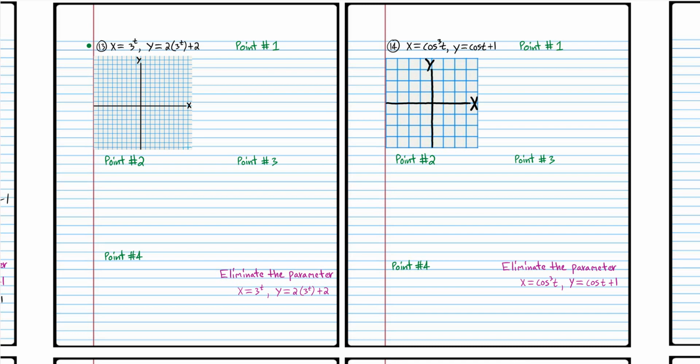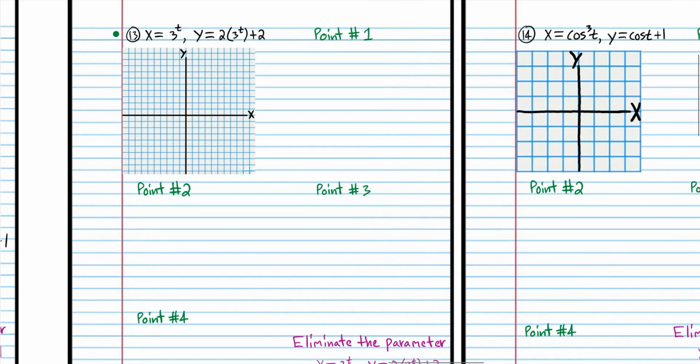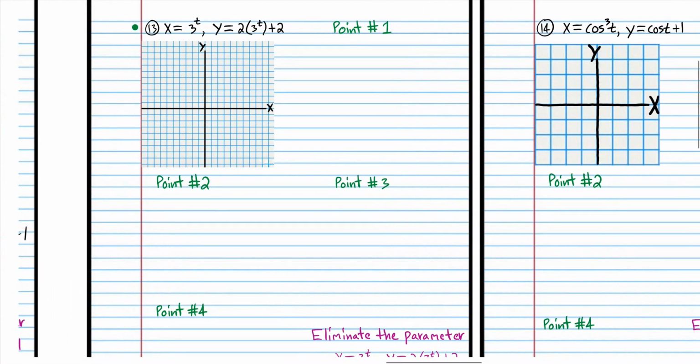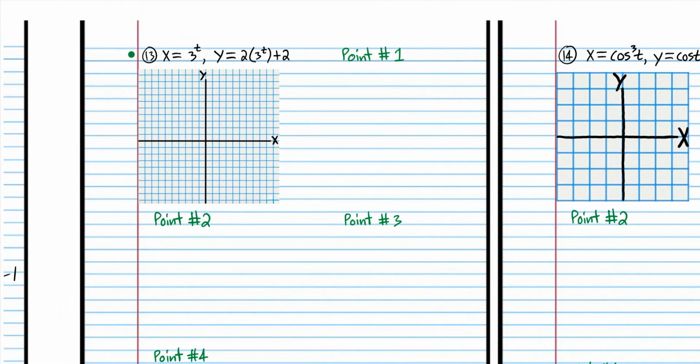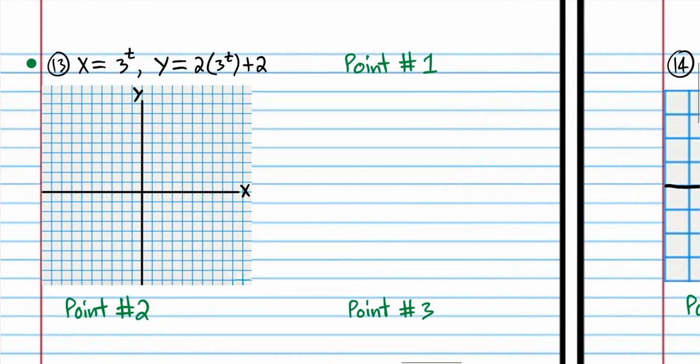Okay, we're back. So if you graph this, it should look something like this. So let's find some t values. Again, t can be anything in these particular equations.